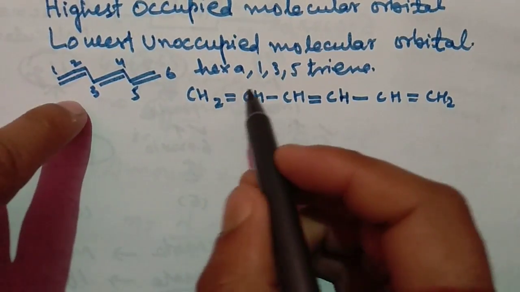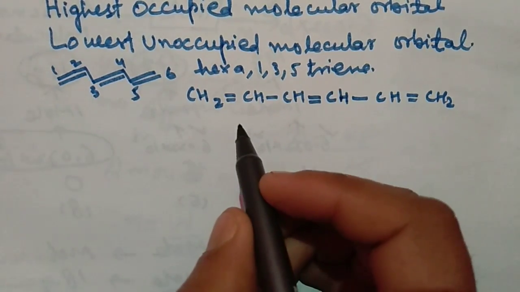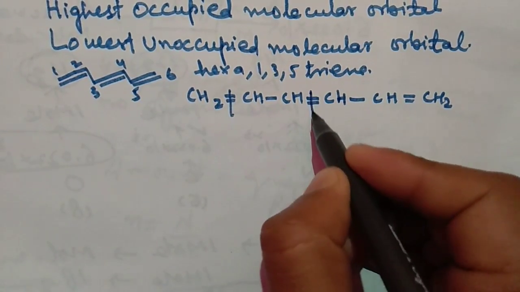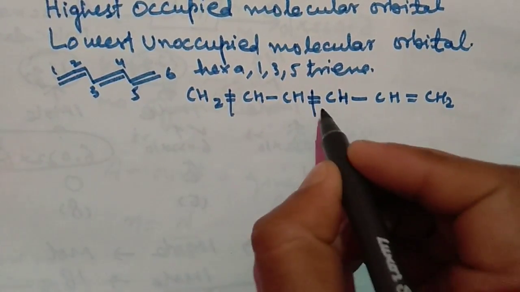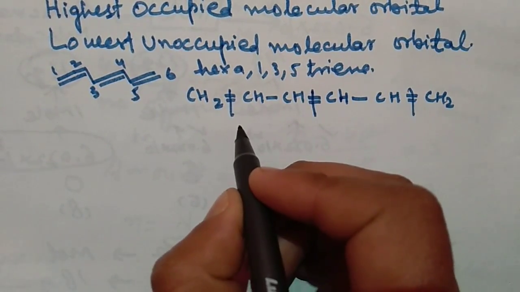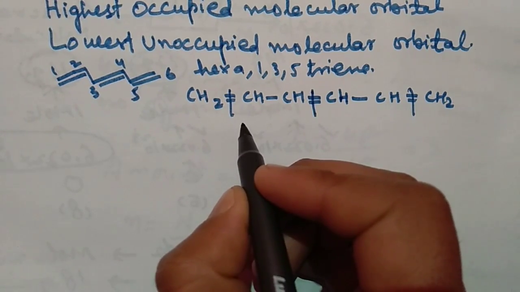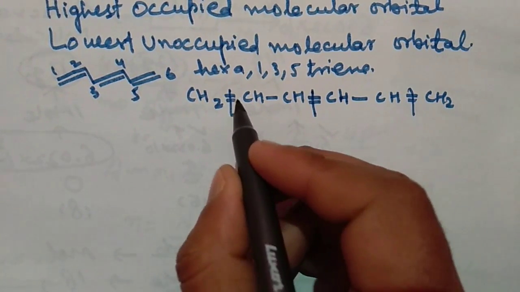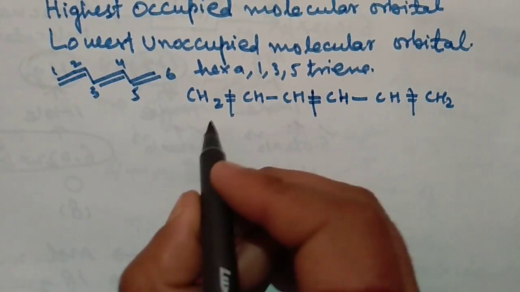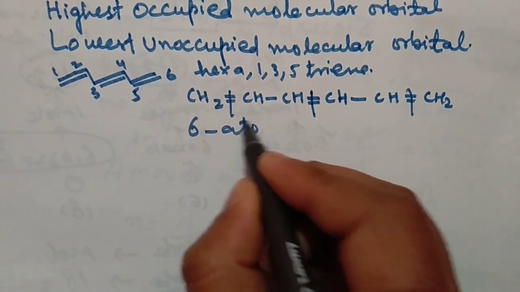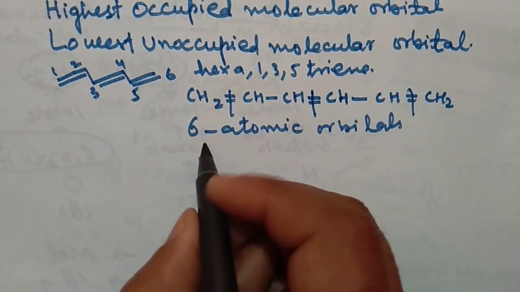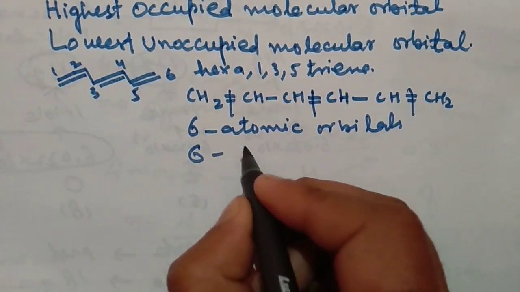In hexa-1,3,5-triene, there are 3 pi bonds. This is the first pi bond, second pi bond, third pi bond. There are 3 pi bonds, each made up of 2 p orbitals. It means 6 atomic orbitals are there, so we expect 6 molecular orbitals.